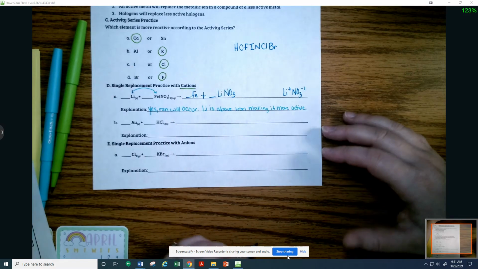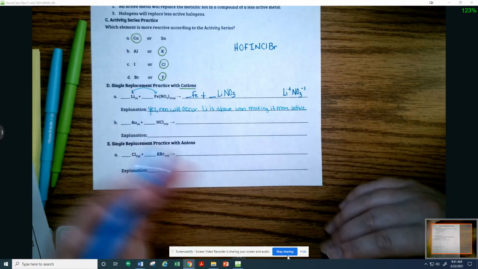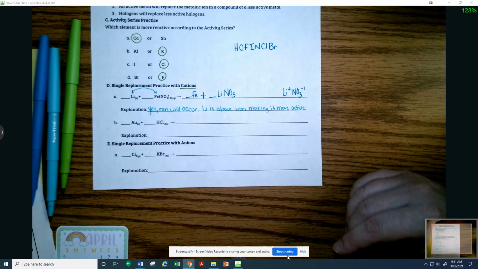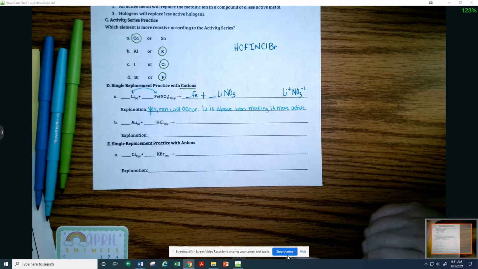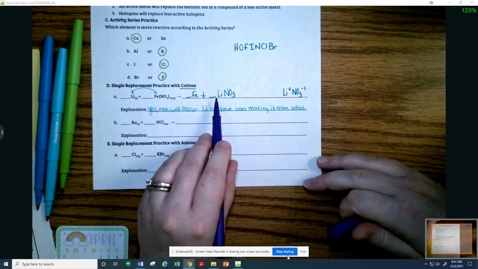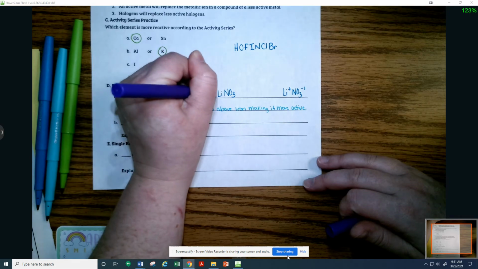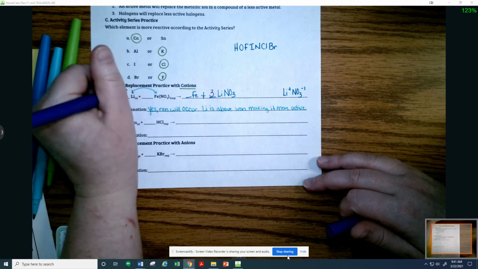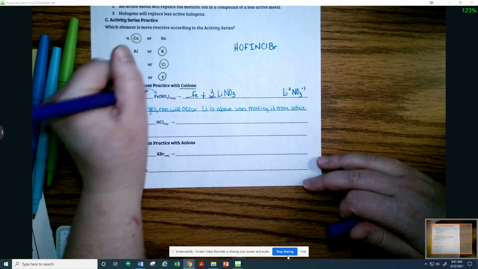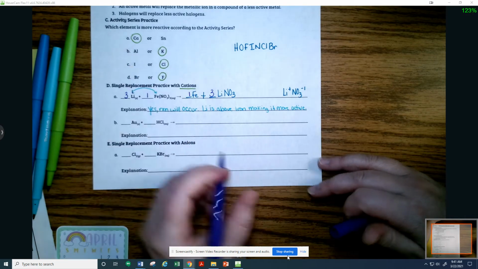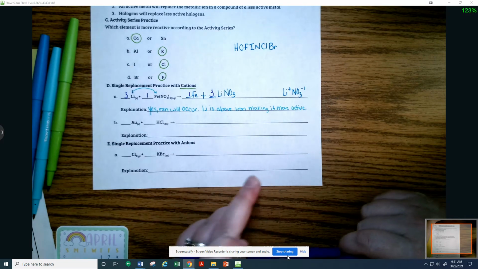The last thing is, because of charges and where subscripts were on the previous side, we need to conserve mass by adding coefficients. Our lithiums are balanced, our nitrates are not. We have 3 on the reactant side, therefore we need 3 on the product side. We need to update our lithium to 3 here. I can put in 1s here or leave it blank, and our first example is done.